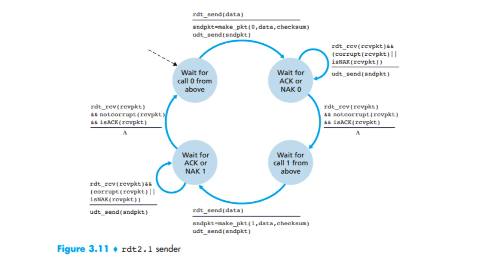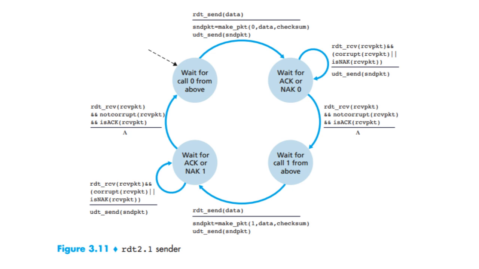ACK and NAK packets do not themselves need to indicate the sequence number of the packet they are acknowledging. The sender knows that a received ACK or NAK packet was generated in response to its most recently transmitted data packet.